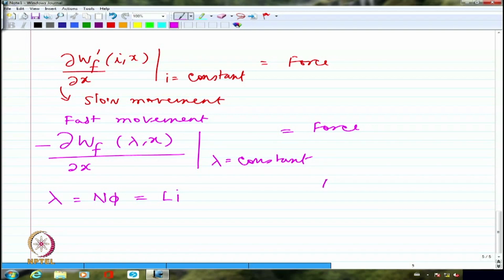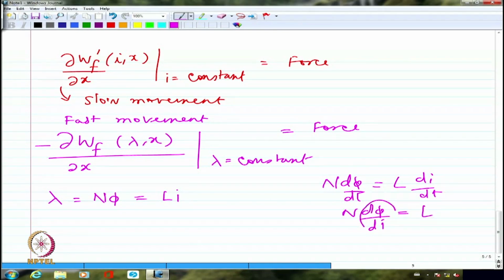Then I can directly equate lambda, which is n phi, equal to Li, because we wrote like this, right? N d phi by dt equal to L di by dt, from which we wrote N d phi by di is equal to L. This d phi by di we are considering this way only because we are assuming that phi and i do not have a linear variation with each other.